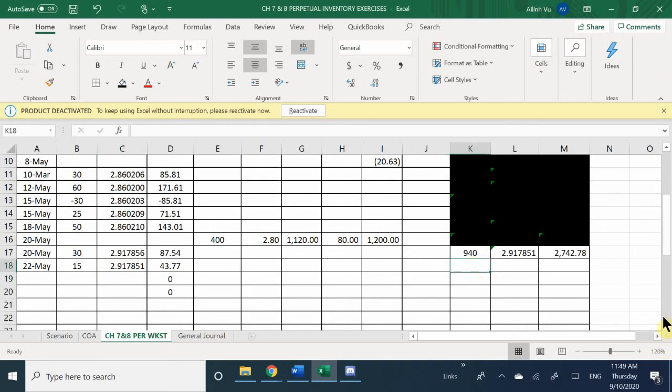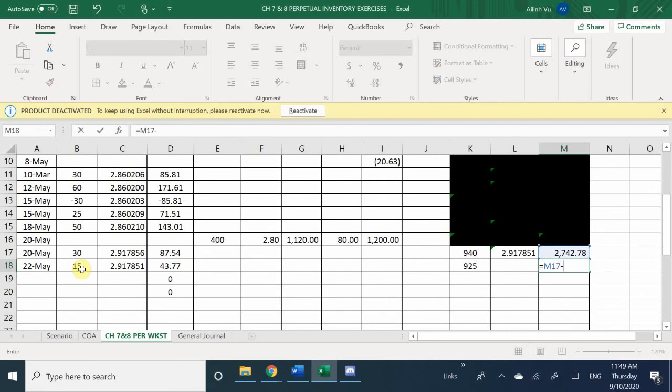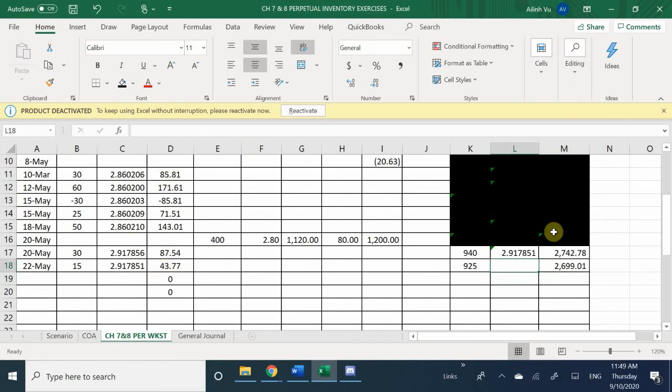Okay, and then we updated our inventory. 15. 26,990 should be correct. And my new cost per item should maintain the same.